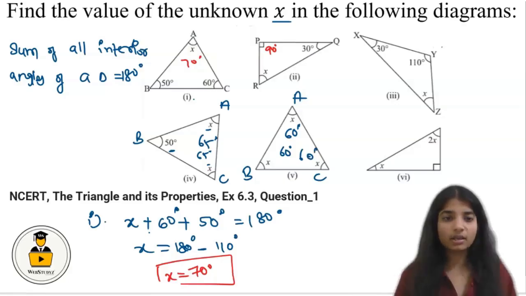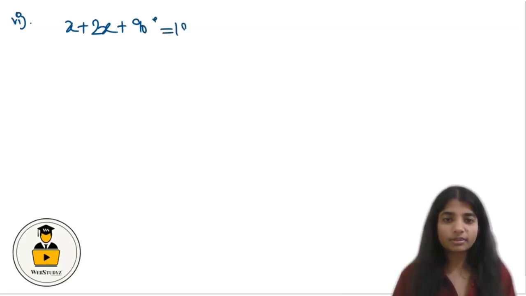Now the next part, the 6th part. Let's say this is X, Y and this is Z. The sum of all the interior angles of a triangle is equal to 180 degrees. Angle Z is given, which is 90 degrees. Angle X is 2x and angle Y is x. So x plus 2x plus 90 degrees is equal to 180 degrees. x plus 2x is equal to 3x.